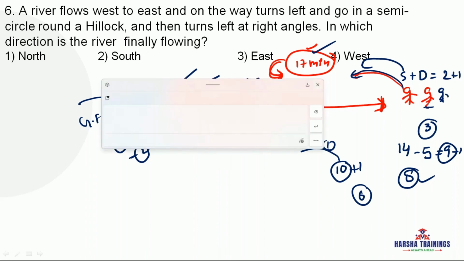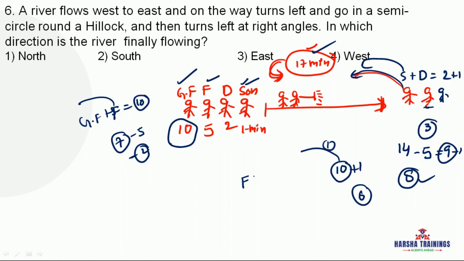Tell me. First, father and daughter cross, taking 5 minutes. Father stays here, daughter comes back, taking 2 minutes. 7 minutes completed, remaining 10 minutes. Again, 3 persons here: grandfather, daughter, son. Then how?